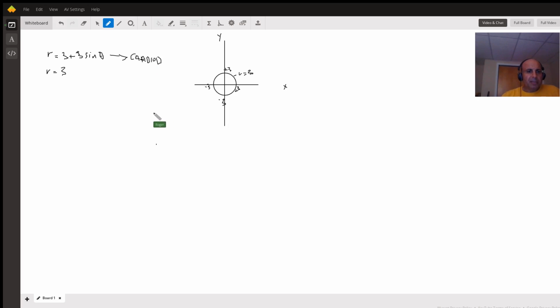This is of the form r equals a plus b sine theta. Here a will be 3 and b will be 3.